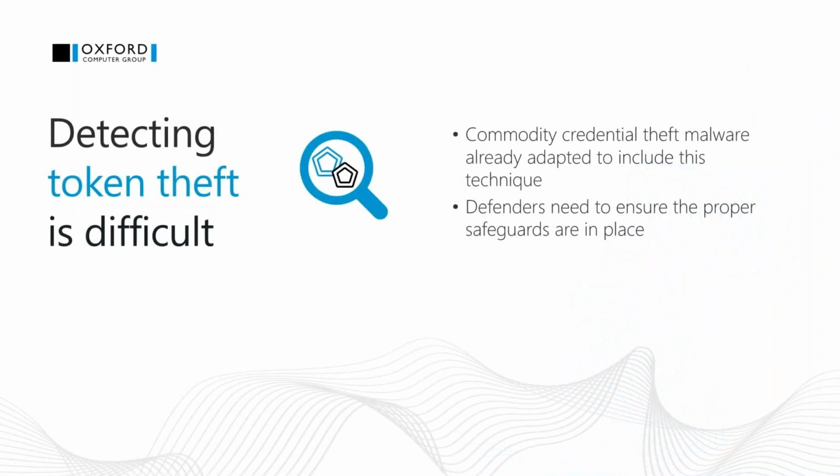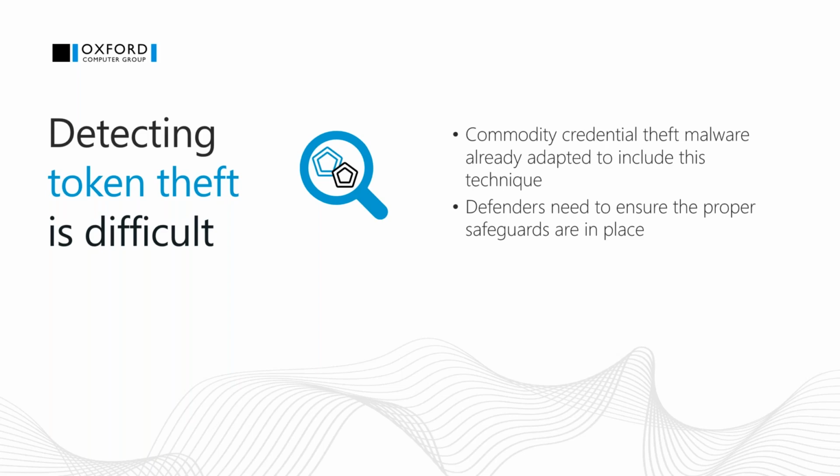Unfortunately, detecting token theft is difficult. The good news is that it seems it is a relatively low incidence of token theft occurring in a well-managed environment. But when it does happen, it can be pretty destructive depending on the user and what level of privileges that they had.